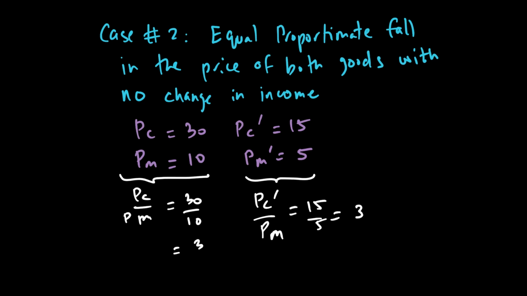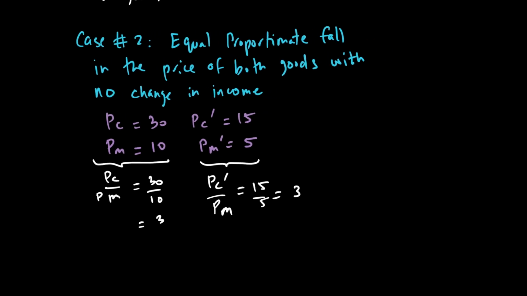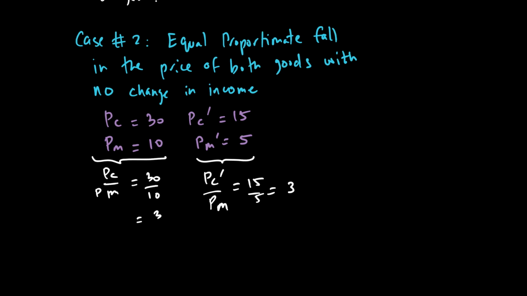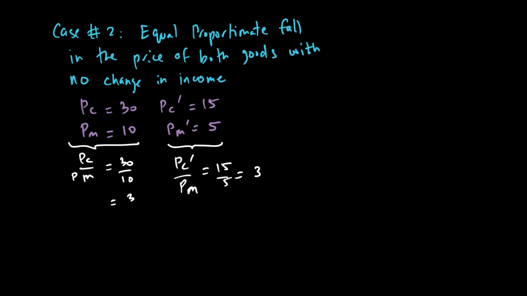So the ratio has not changed. But if the income has not changed and the ratio of prices has not changed, but the prices have gone down, the budget line will also shift to the right in the same way as case number 1. In case number 1, we were showing an increase in income. The income was doubling, but now here the prices are going down by 50%.